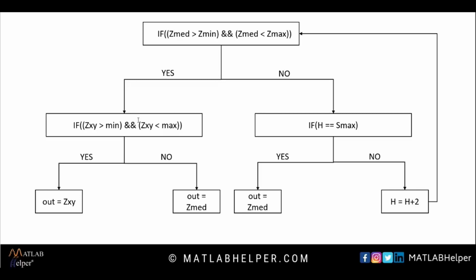If yes, then the output should be the median of that particular window, Z median. Else, window size is increased by h equal to h plus 2, that is 3 becomes 5, and thereby increase the window size in odd numbers.